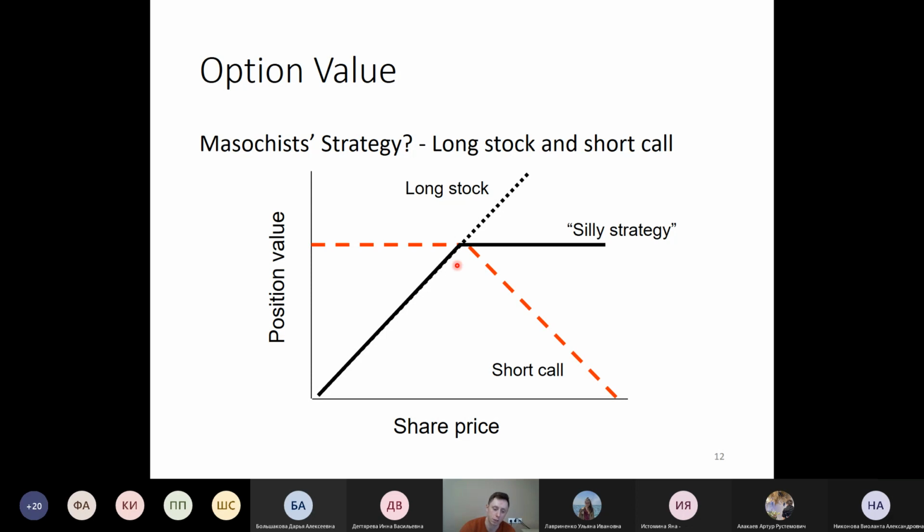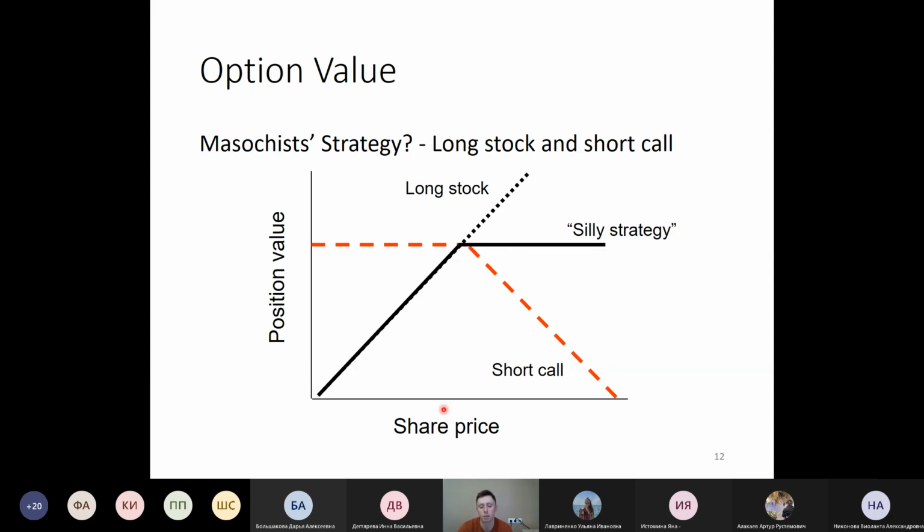You can purchase the stock, so having stock long means having the stock. And you can have a short on the call option, so you would have an obligation to sell an asset. And what would be the result? If the stock price goes down, then your stock depreciates and the value of your investment goes down.